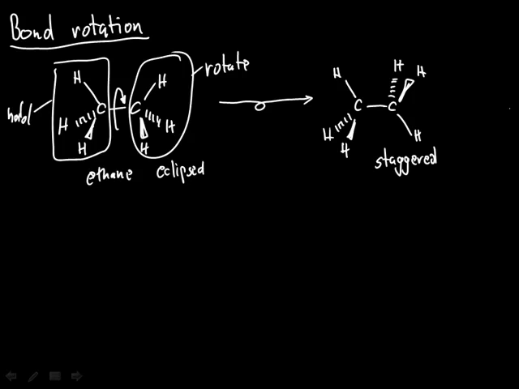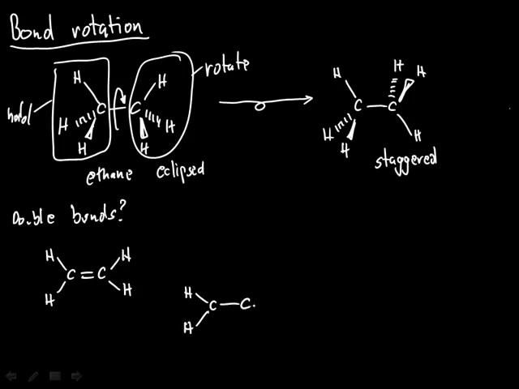But if you look at a molecule with a double bond, such as ethene, we know that this double bond consists of a single sigma bond, but then also of a pi bond which connects the top and the bottom of this molecule to each other.